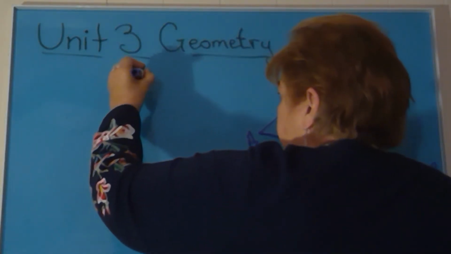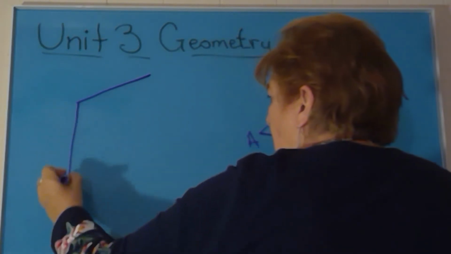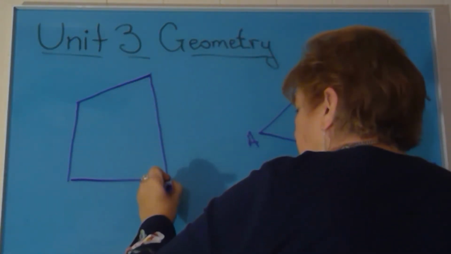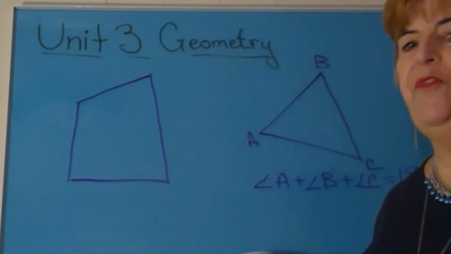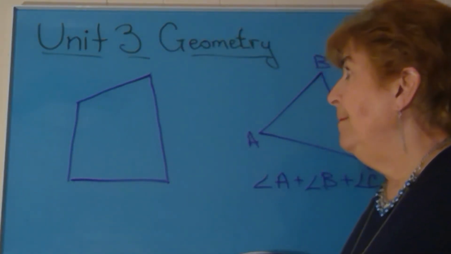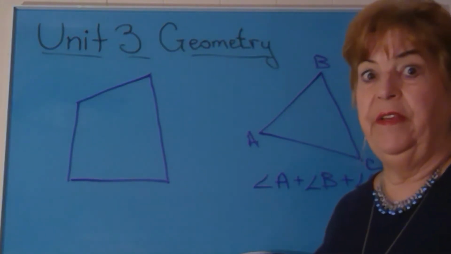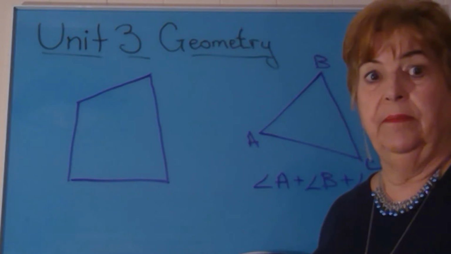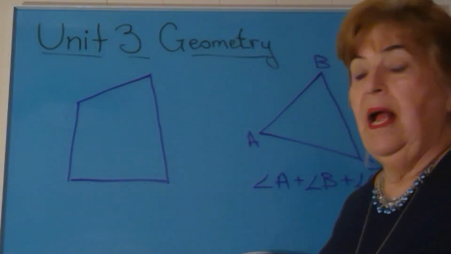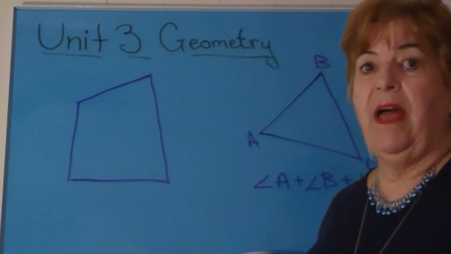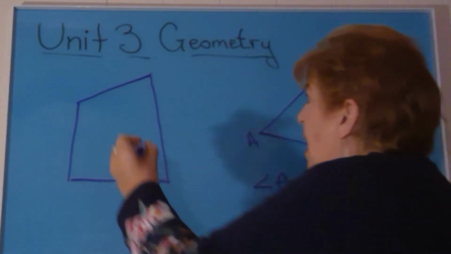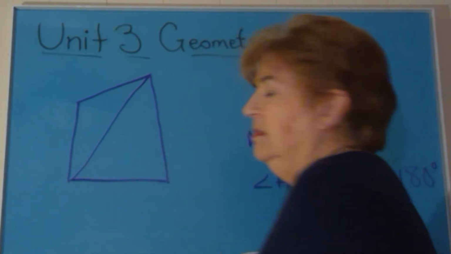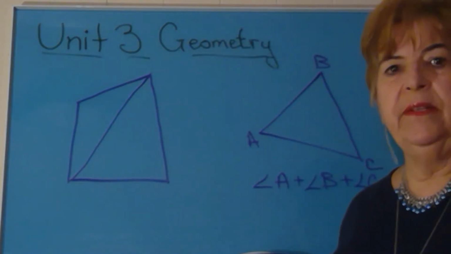What if I have, instead of a triangle, a quadrilateral? A quadrilateral has four sides. You don't know the measures of any of the angles, and you really don't know anything about the sides. But I do know that if it's got four sides, I can draw a diagonal.